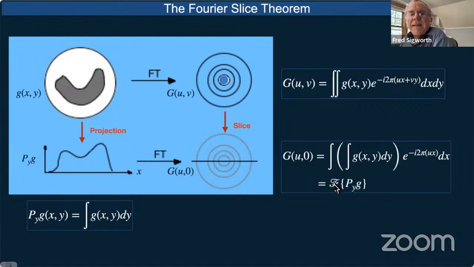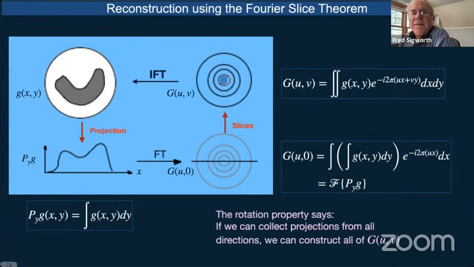So this is exactly, if you work this out, the 1D Fourier transform of the projection of that function. Now the rotation property says that we can rotate u as we're taking these 1D projections, and as we rotate u, we're in effect rotating this thing, and that is the same as inserting slices at various angles.